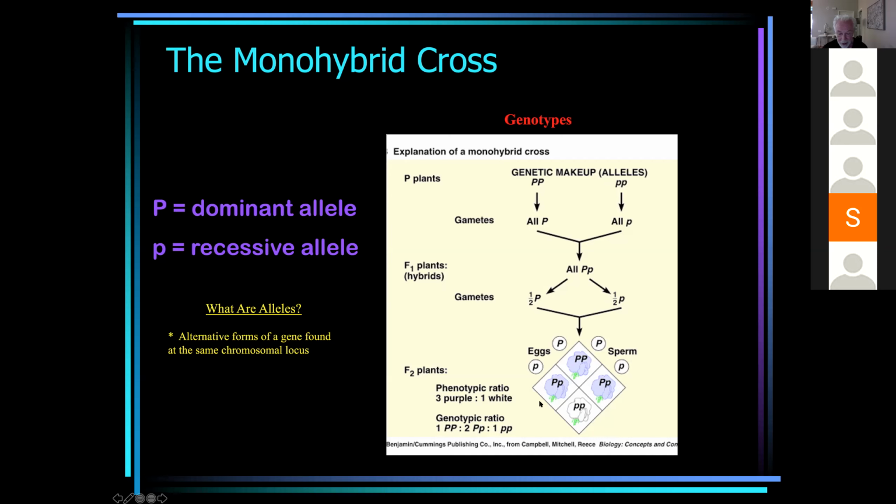The genotype is 1 big P big P, 2 big P little p, and 1 little p little p, which is the only one that shows the recessive characteristic. So is that clear to everyone why you end up with these ratios? Okay.